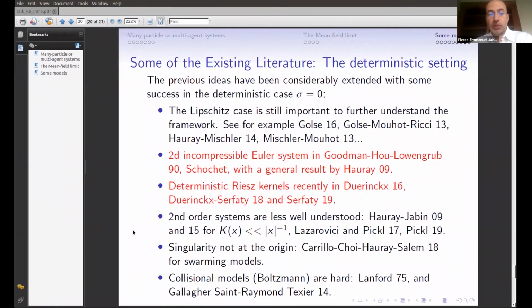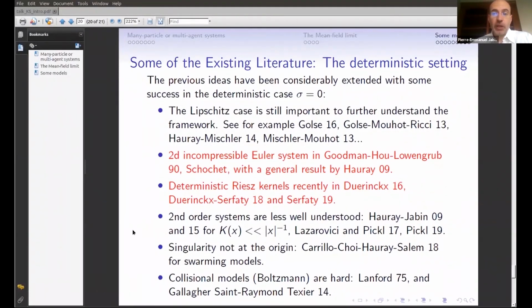In the deterministic case, for example, point vortices, the mean field limit was already done in the early 90s. So the mean field limit to 2D incompressible Euler. And you have results by Goodman, Hou, Lowengrub, and then a result by Schochet with more general initial data.